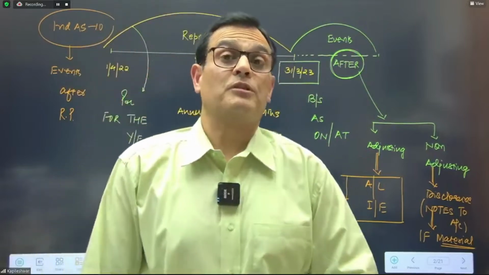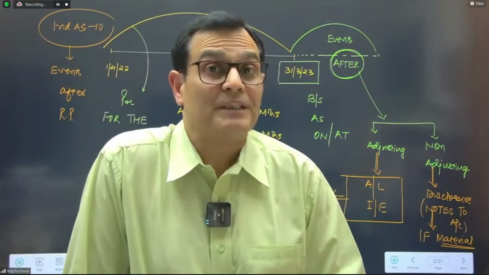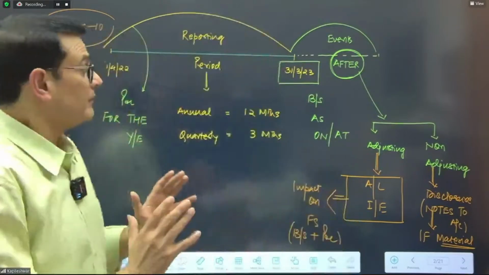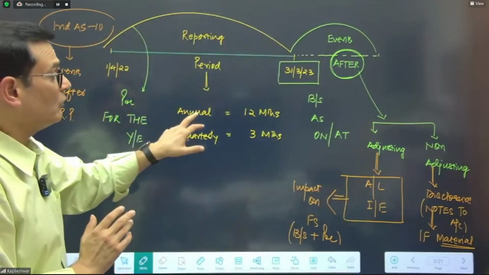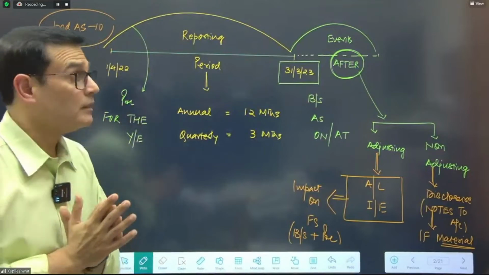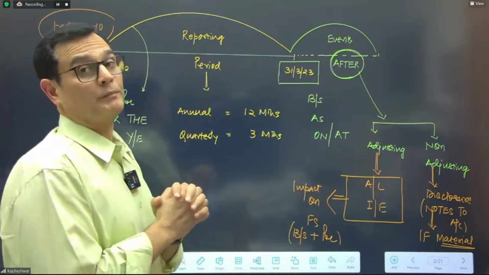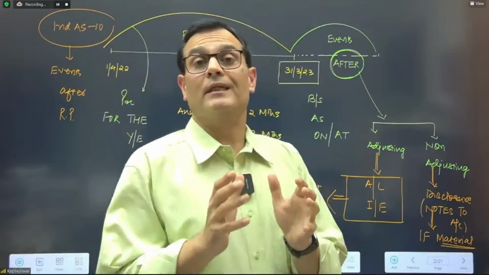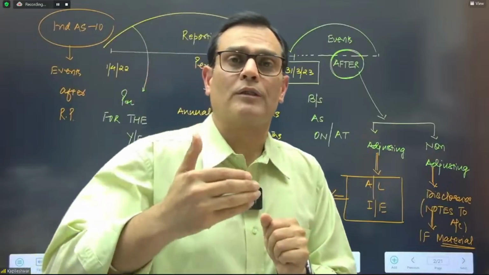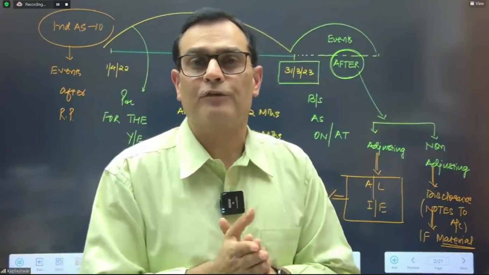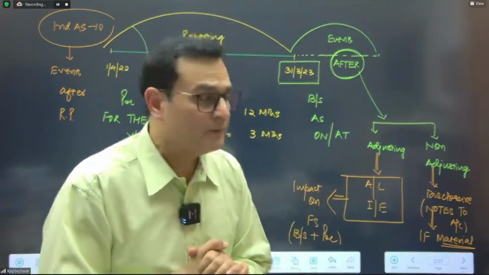So the first question that comes to mind is, what is a reporting period? As I said, a company might be making annual financial statements, in which case the reporting period comprises 12 months. There might be a listed company which is doing quarterly reporting and they are making financial statements covering a period of 3 months.